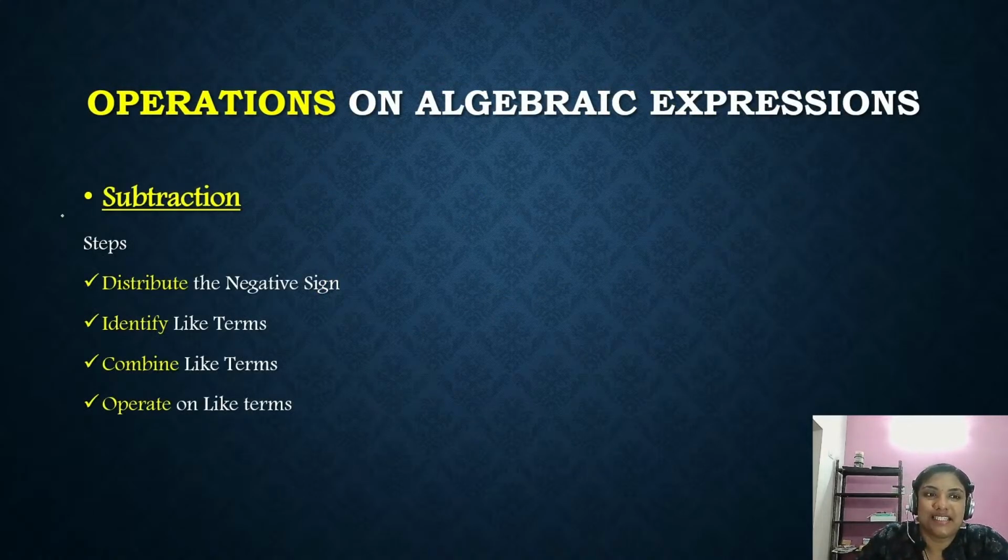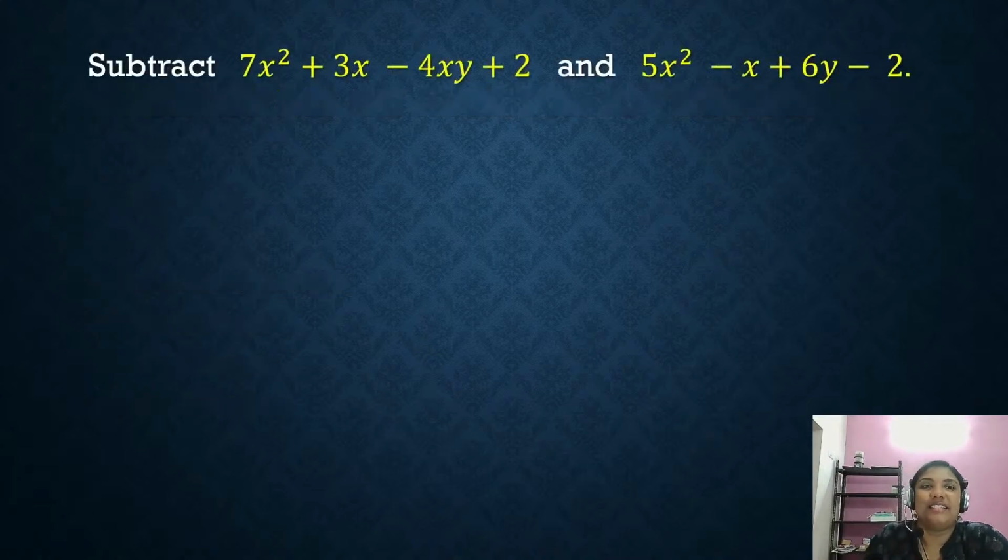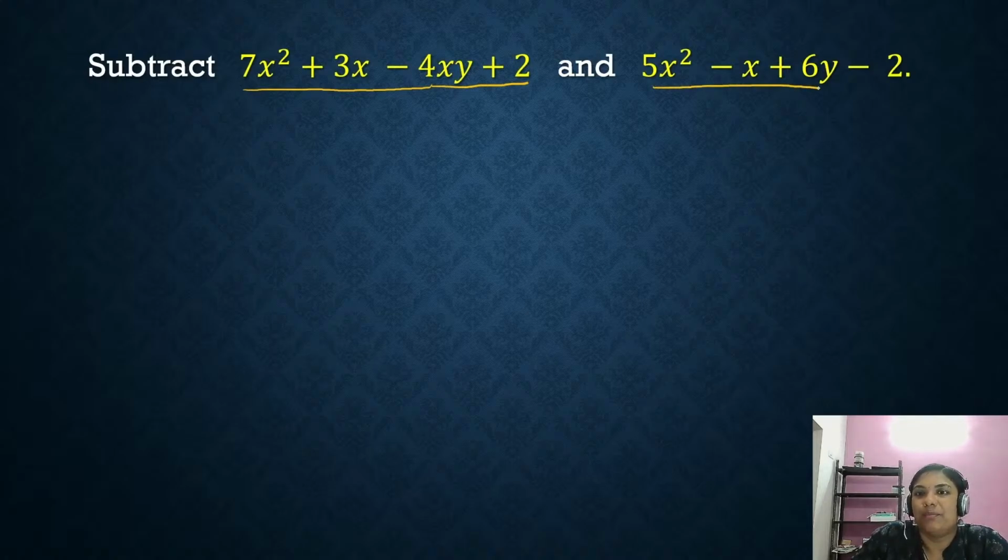Now comes subtraction. So here also there are some steps. Distribute the negative sign, identify like terms, combine like terms, operate on like terms. Let's see the question. Subtract 7x square plus 3x minus 4xy plus 2 and 5x square minus x plus 6y minus 2.